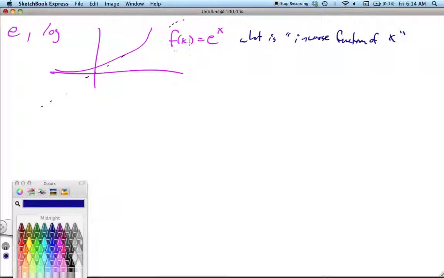By this we mean, in this function we're going to put in an x value and get out a value of e to the x.